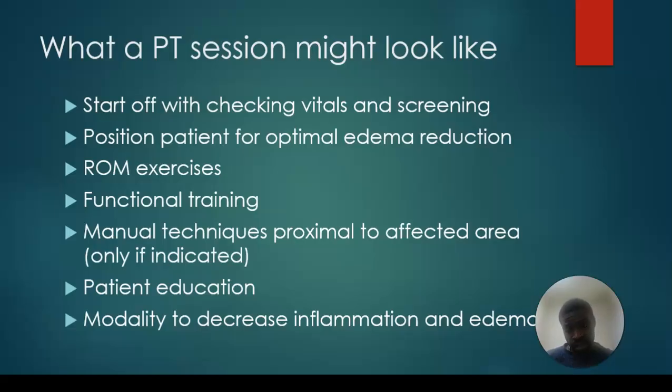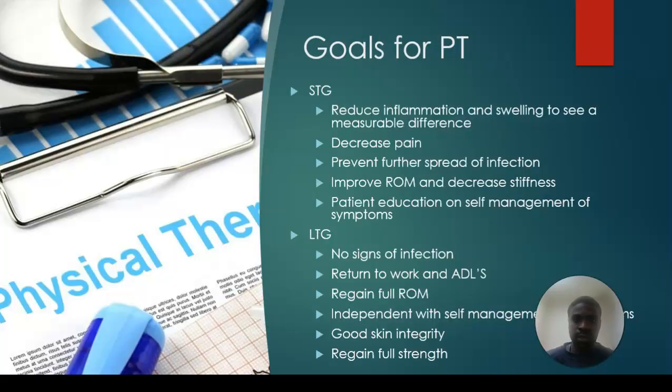And if it's indicated, if they're further along in their phase, and not necessarily in the acute phase, you can do some manual therapy to get some of that lymphatic stuff out and promote that venous return, patient education, and then at the end, obviously, finish off with a modality to decrease edema.